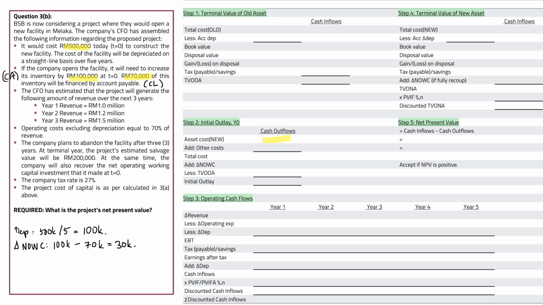Next, the CFO has estimated that the project will generate the following amount of revenue over the next 3 years. 3? I wonder if our cash flow is only until 3. So year 1 revenue, 1 million, 1.2, 1.5, put it here. Operating costs, excluding depreciation, equal to 70% of the revenue.